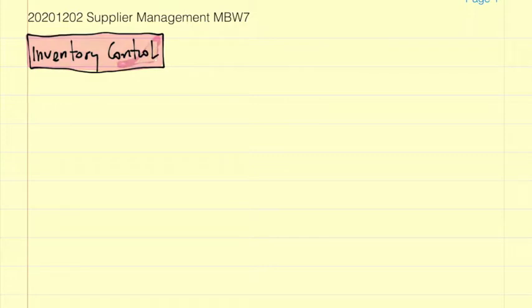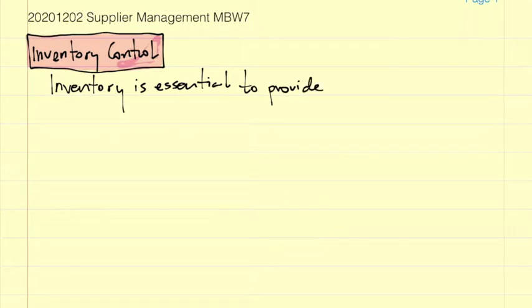Okay, well, inventory, as you know, is essential to provide flexibility in an operating system.